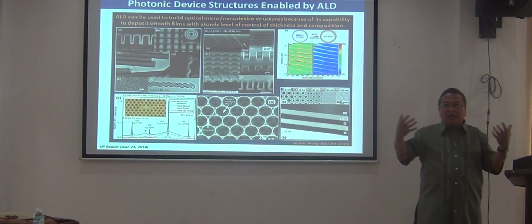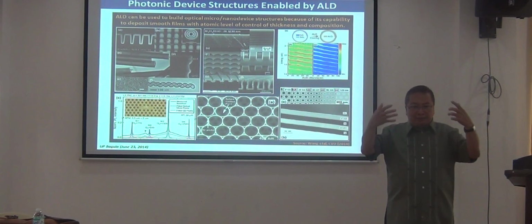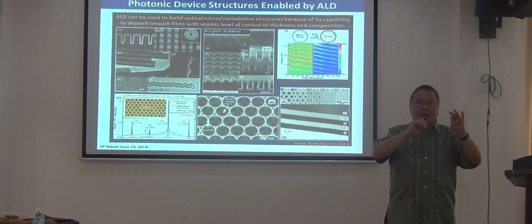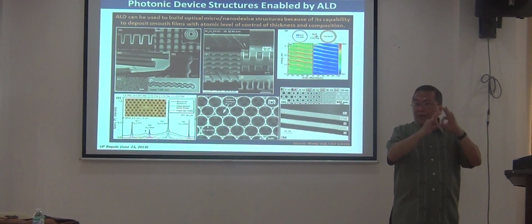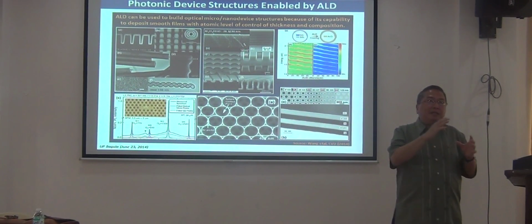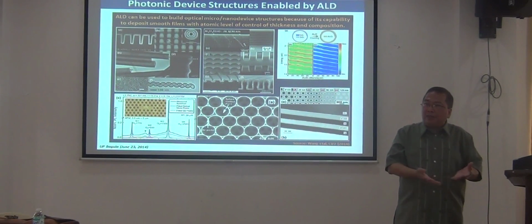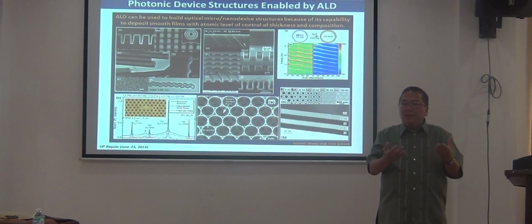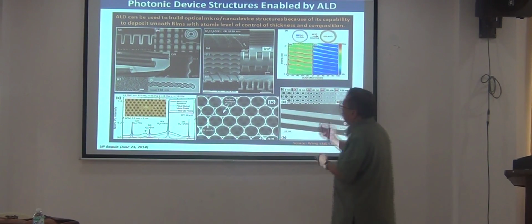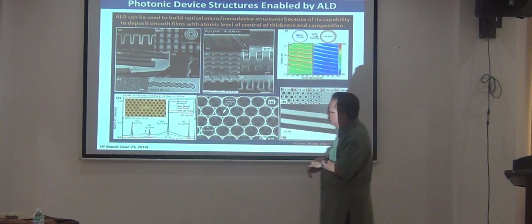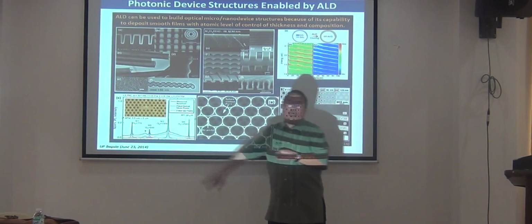In other words, these are really just devices where you have materials in some periodic fashion with different indices of refraction, essentially. Okay? And depending on the geometry, depending on the indices of refraction, you can control the passage of light in these materials. One such example would be resonators like this.